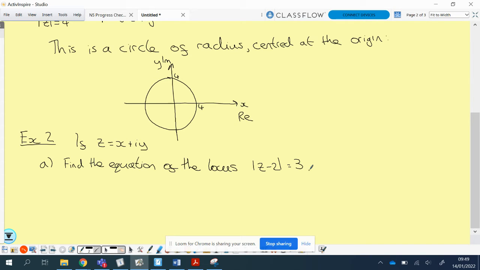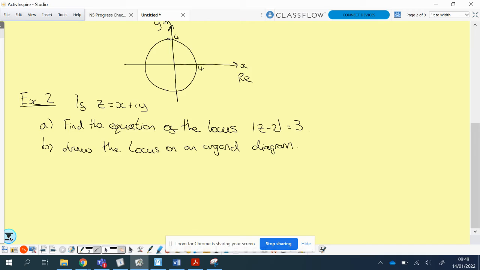So that's part A. We've got z minus 2. And then part B, we're going to draw the locus on an Argand diagram. So we're going to do that, draw it on an Argand diagram.